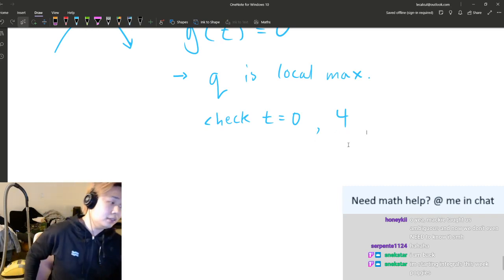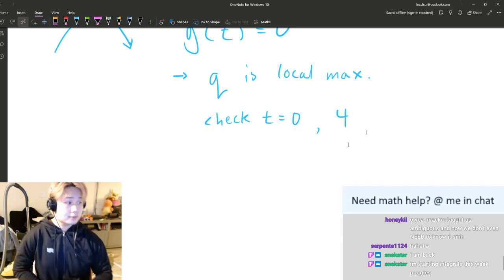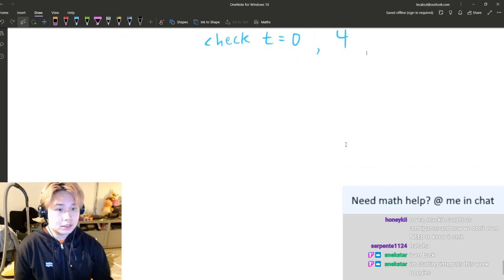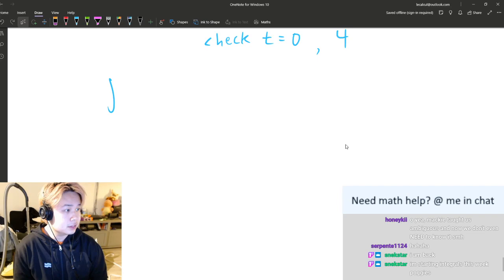Posture check. Ugh. So first, I'm going to take a general integral, indefinite integral of g prime.